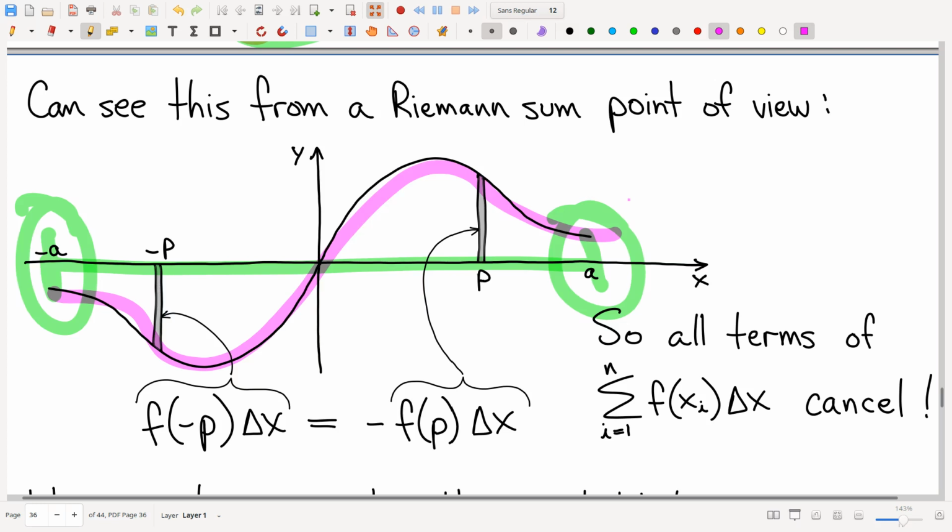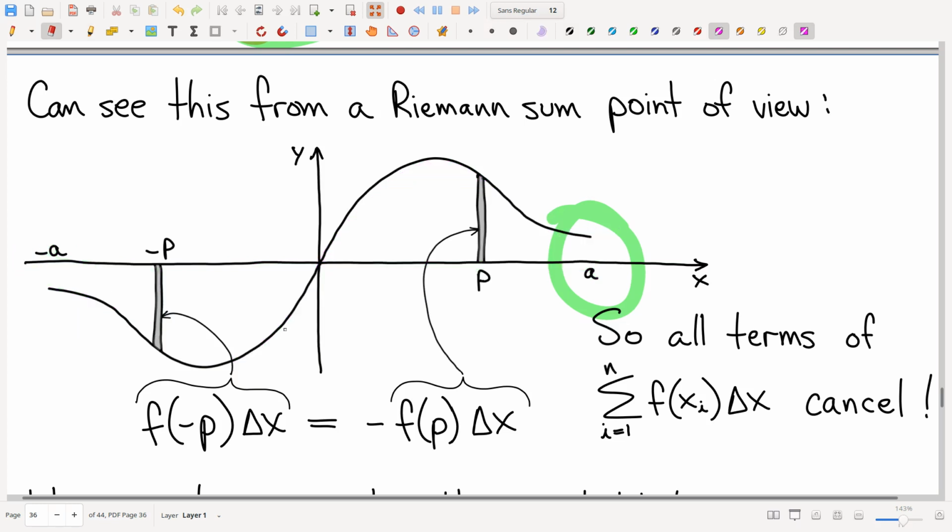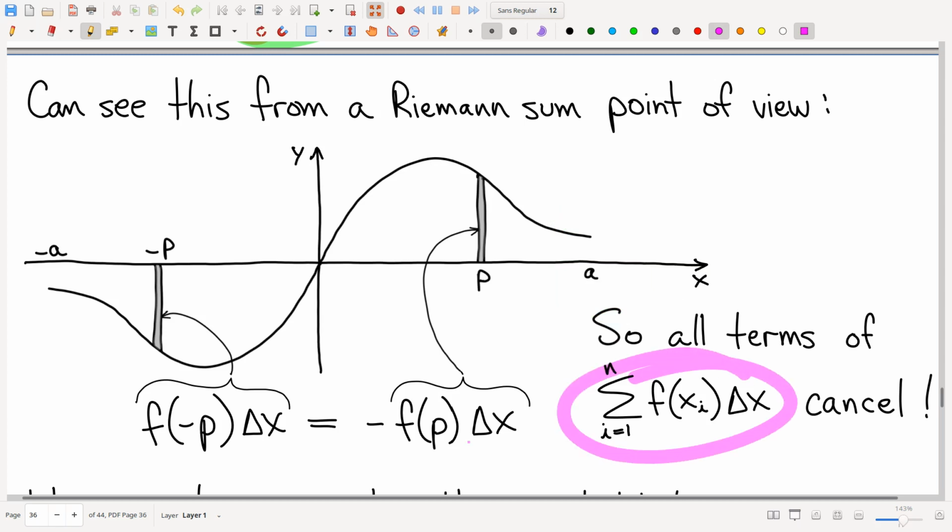And with all of that in mind, notice that when you look at your Riemann sum, here's your Riemann sum, right, you can kind of pair up the terms, and let's compare this term in the Riemann sum and this term, the ones that are sort of opposite of each other, when reflecting over the origin.